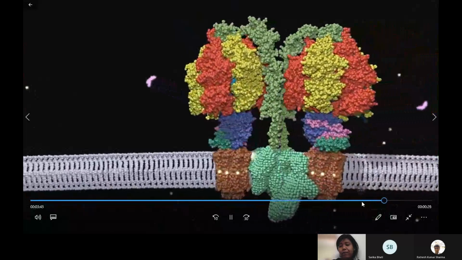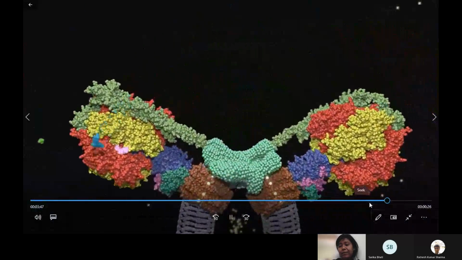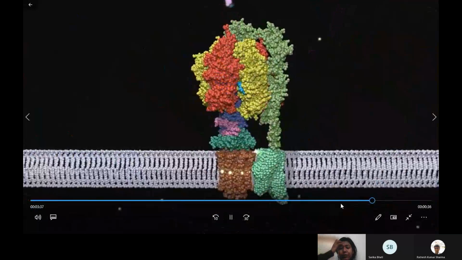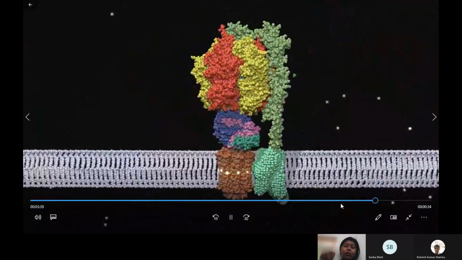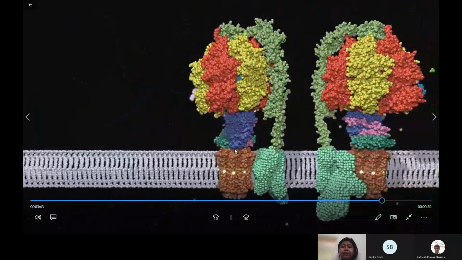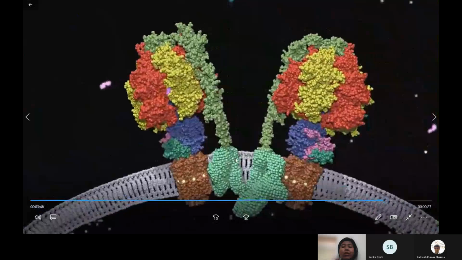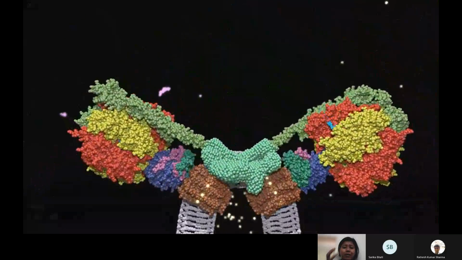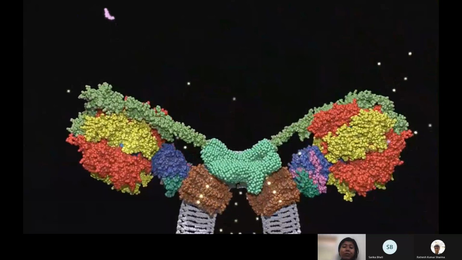Now, this is another interesting thing that we are going to see here. In the mitochondrial inner membrane, these ATP synthase complexes do not exist as single complexes. Rather, they exist as dimers.